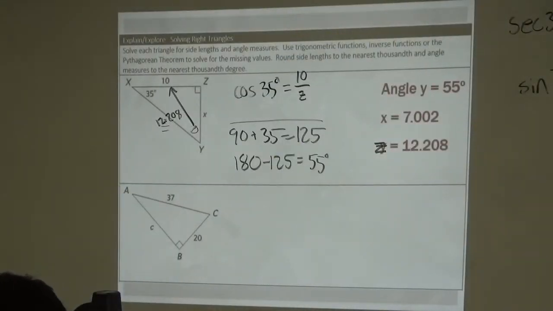Be careful because this is not C from the Pythagorean theorem. This is just C, a random letter on your triangle. In the Pythagorean theorem, C is your hypotenuse, right? So you would have to say C squared plus 20 squared equals 37 squared, and then solve. Okay, so set that up and solve.